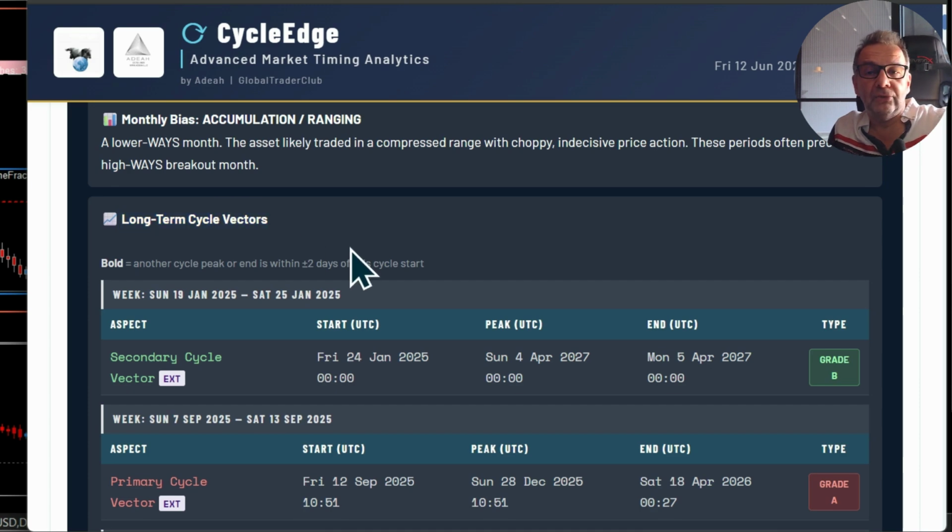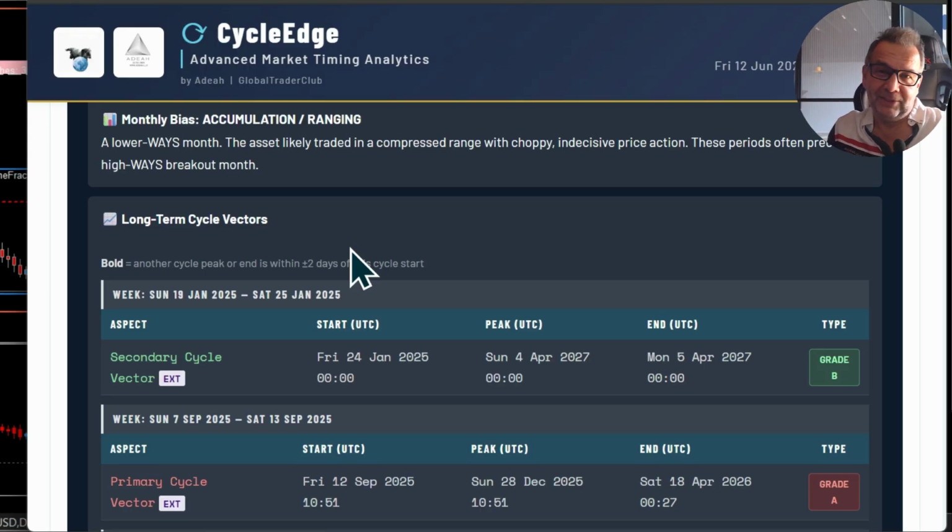These are long-term cycles, which means that on those days, if a move starts, it would last for several days at least.